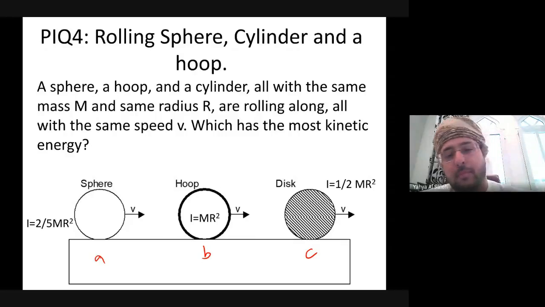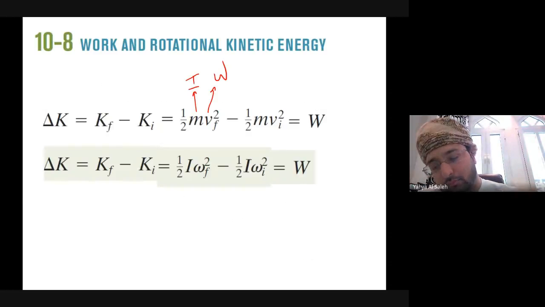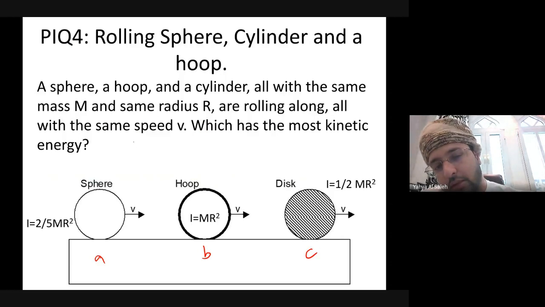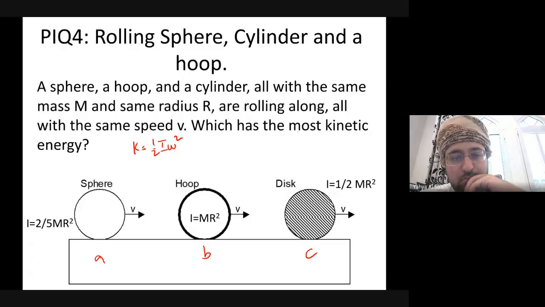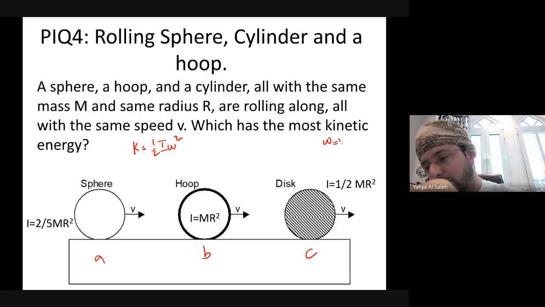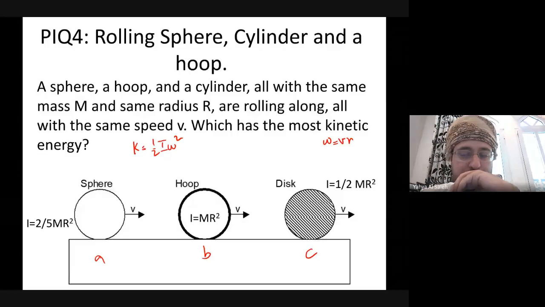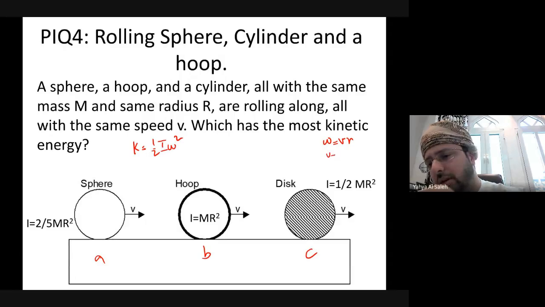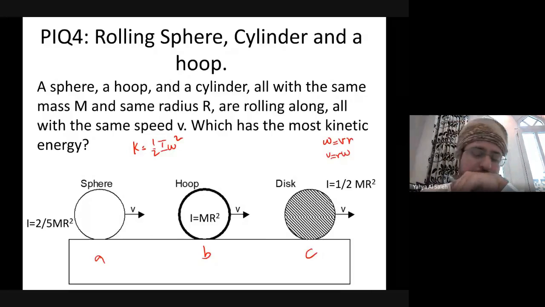Well, K equals half I omega squared. Omega equals V over R. Or is it V equals R omega? Can someone remind me, please?